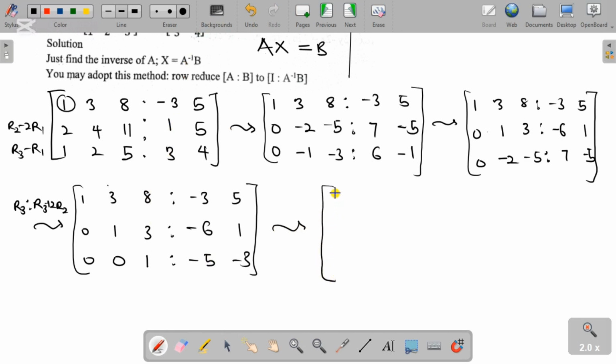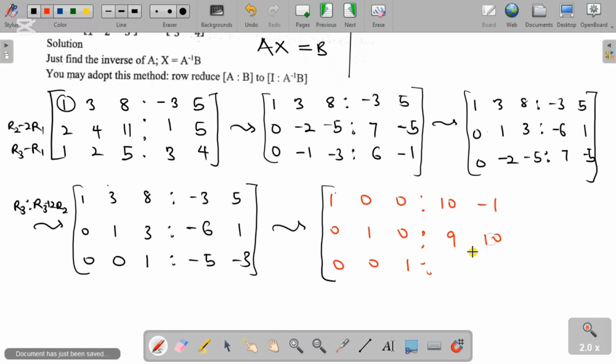It's going to look like this: 1 0 0, then here you have 0 1 0, then here you have 0 0 1. So this is what they want you to achieve. And then on the other side, we have 10, minus 1, then we have 9 and 10, and then we have minus 5 and 3, minus 3.